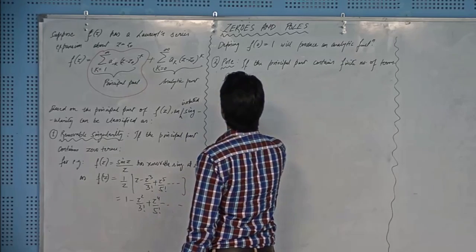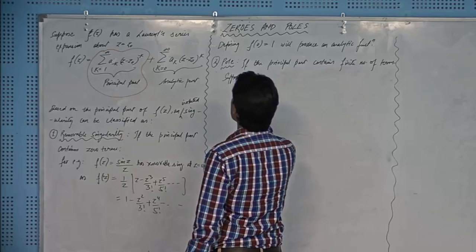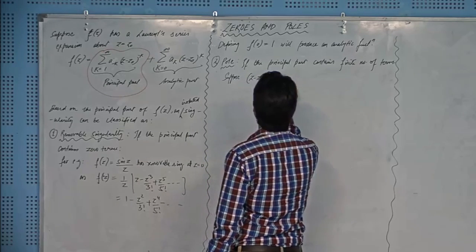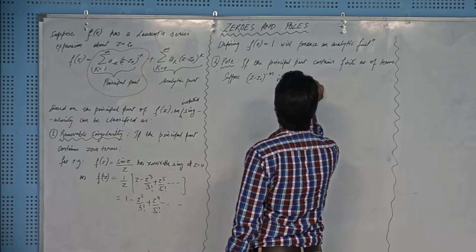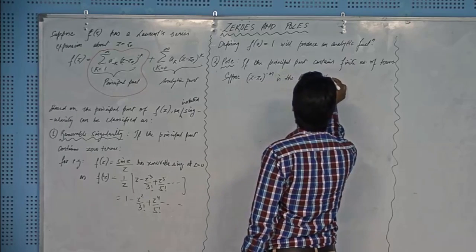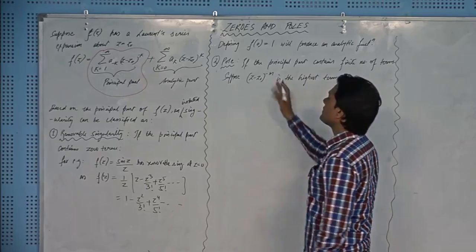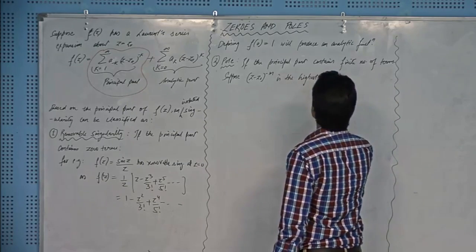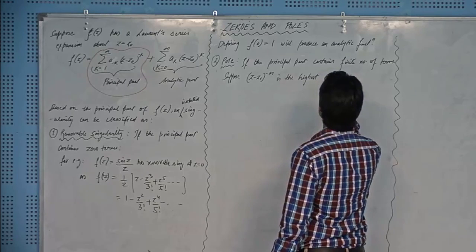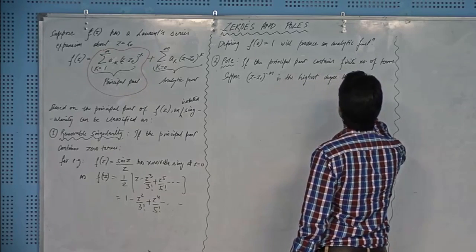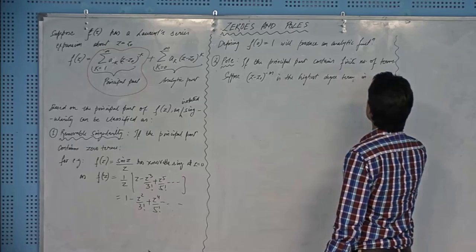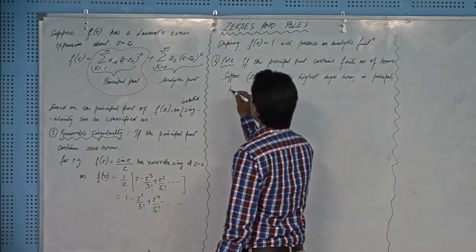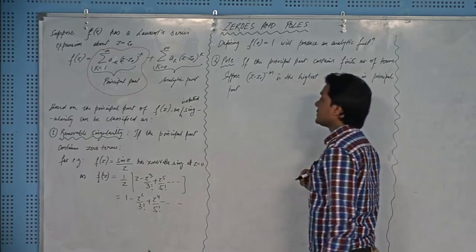Suppose z minus z naught to the power minus m is the highest term, or I should say highest degree term, in terms of negative integer, highest degree term in principal part, right?